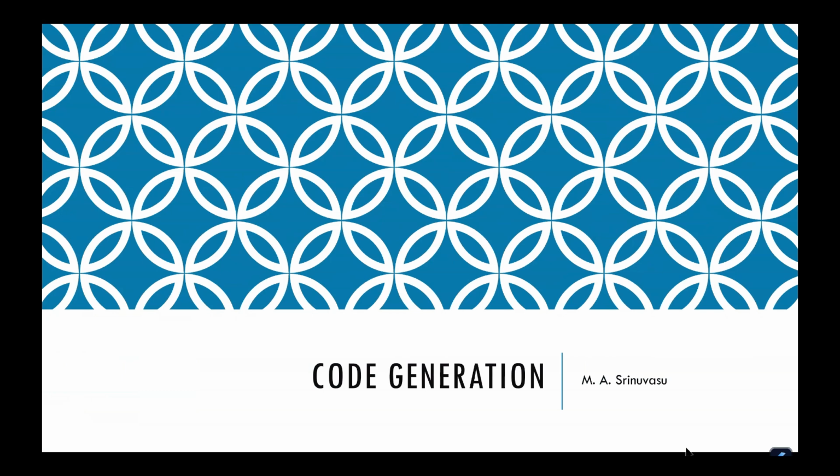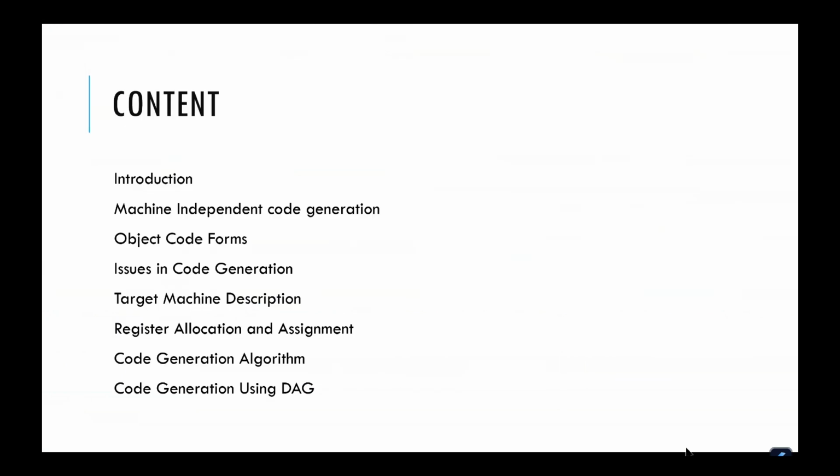In code generation, the contents are introduction, machine independent code generation, object code forms, issues in code generation, target machine description, register allocation and assignment, code generation algorithm, and finally, code generation using DAG. These are the concepts or topics included in code generation.